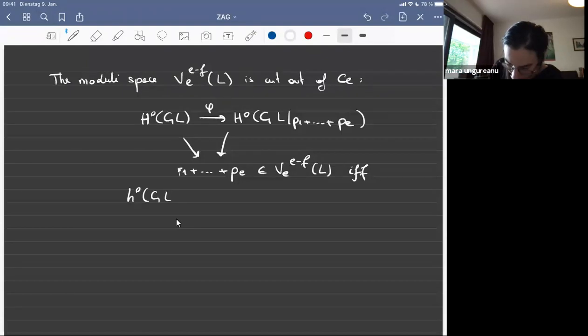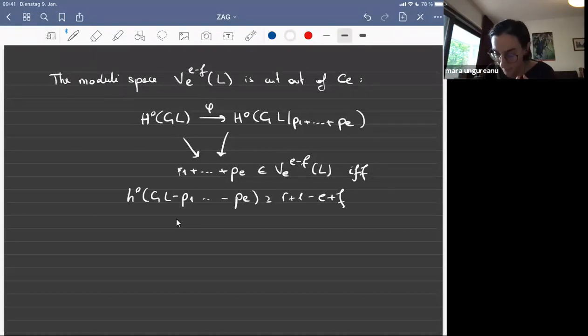So if this is satisfied, you see now I have this linear map, and now I can just use some linear algebra, and I'm going to notice that this is nothing but the kernel of phi, right?